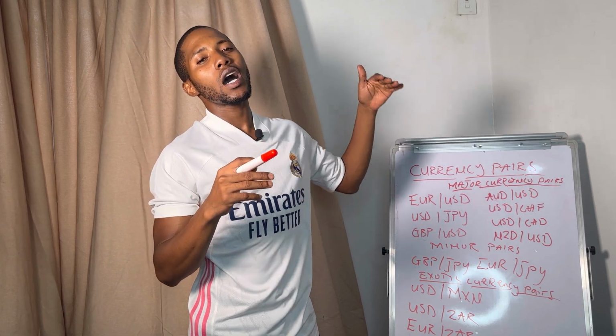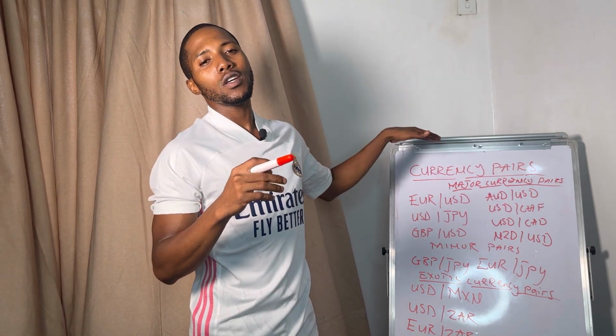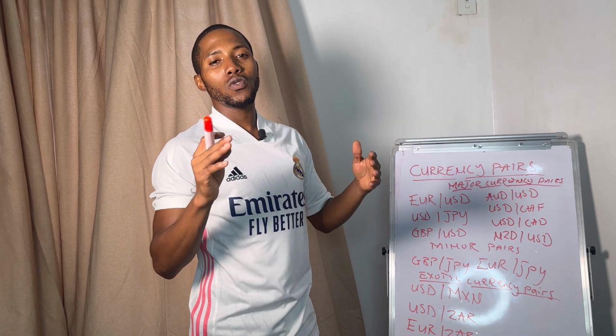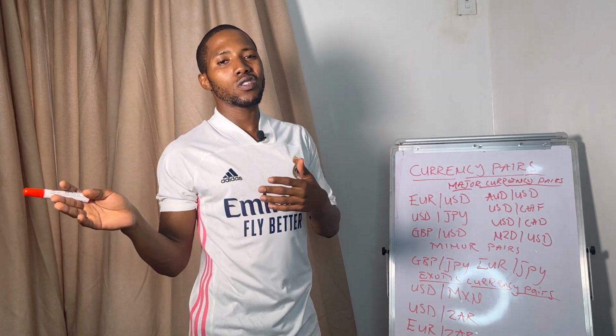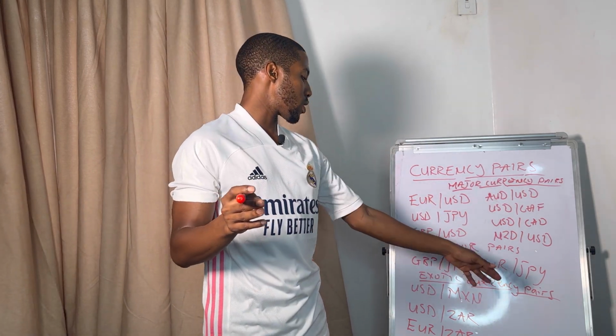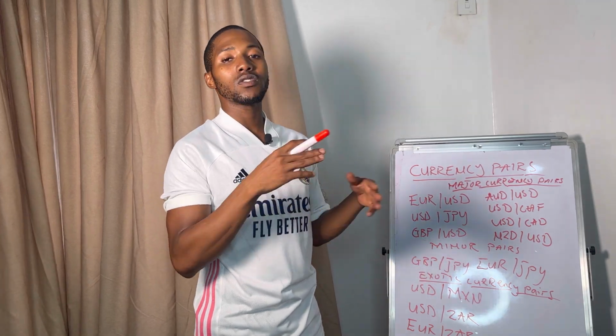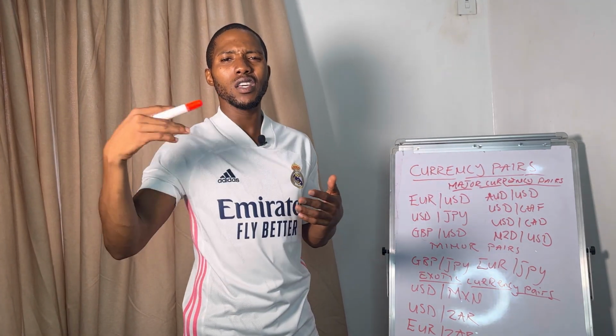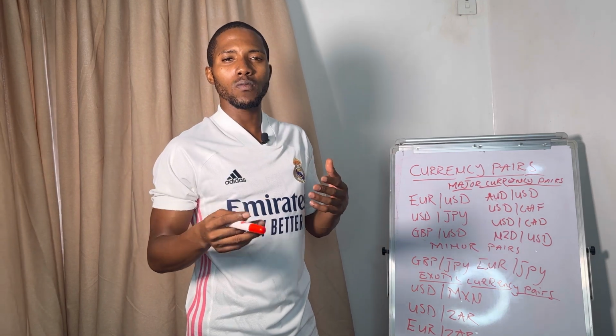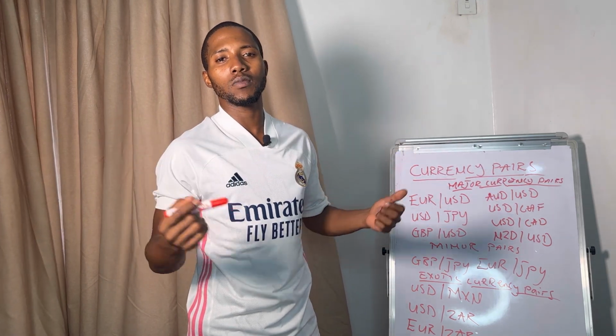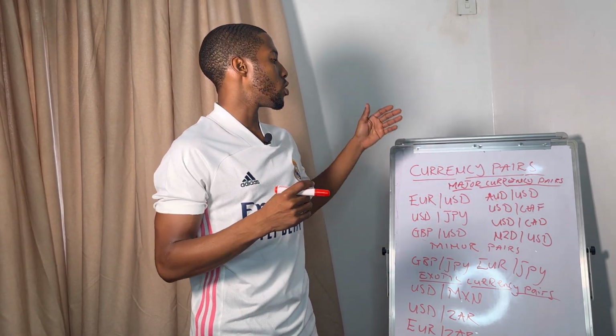Exotic pairs are a major economy currency paired with an emerging economy currency, like the Mexican peso paired with the USD, or the USD with the South African rand, any emerging economy that is growing but not globally accepted. These are the types of currency pairs we have.